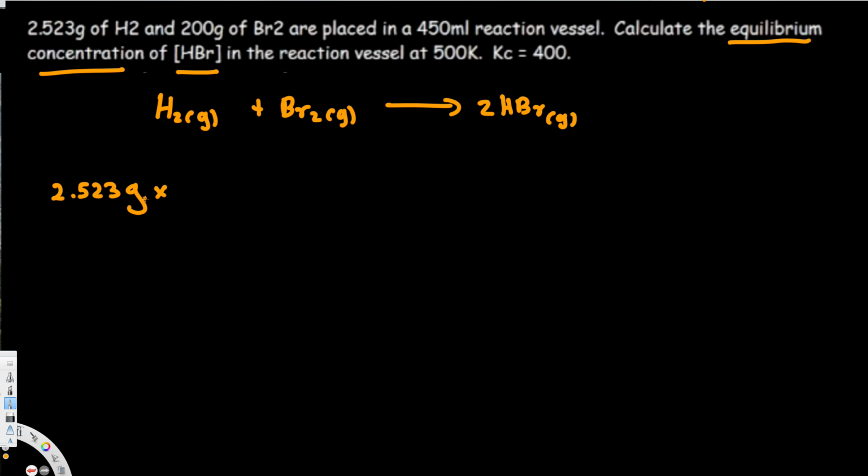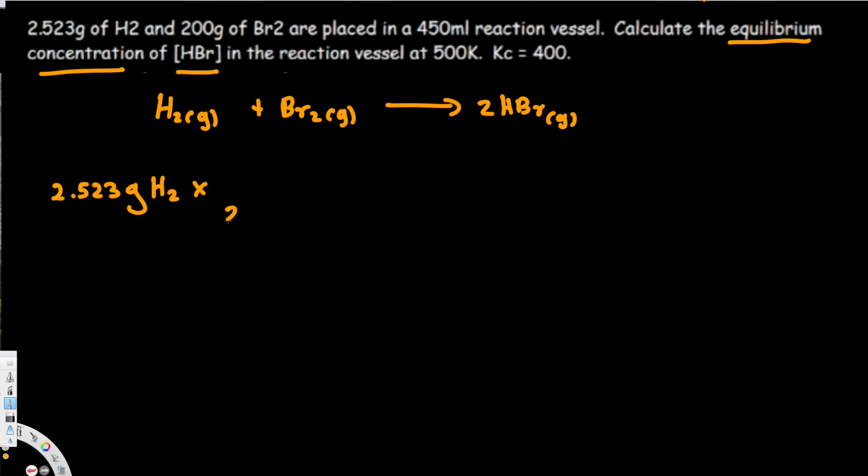Now if you think about this, we have the molar mass of H2. If we multiply by the molar mass of H2, that doesn't work. We have to divide, right? In order to get mole on top, we have to divide. So we have 2.523 grams of H2 multiplied by the molar mass of hydrogen, which is 1.01, but since we have 2 hydrogen here, it's going to be 2.02.